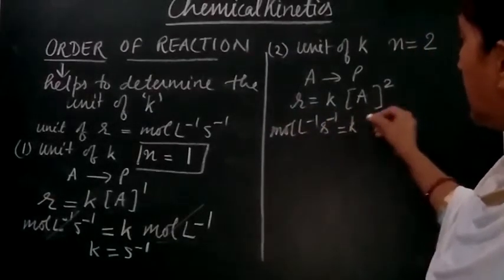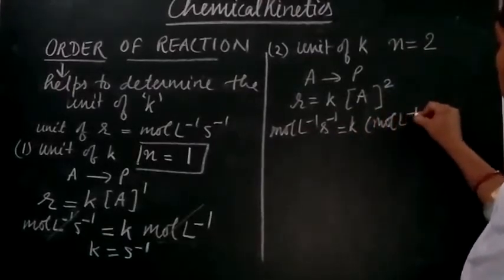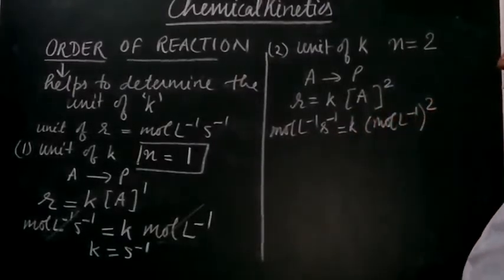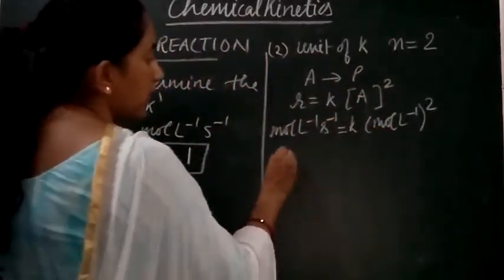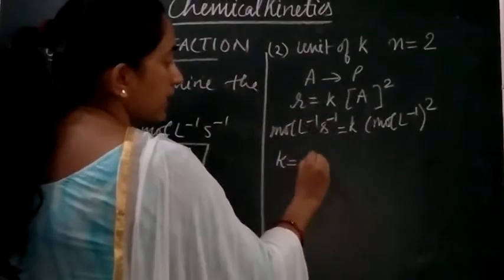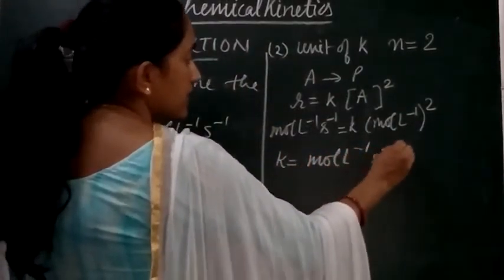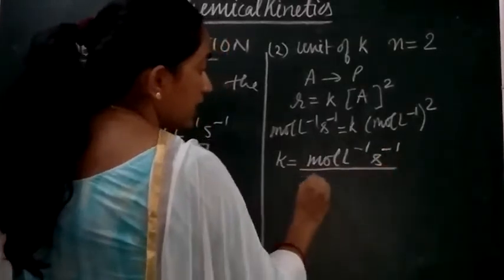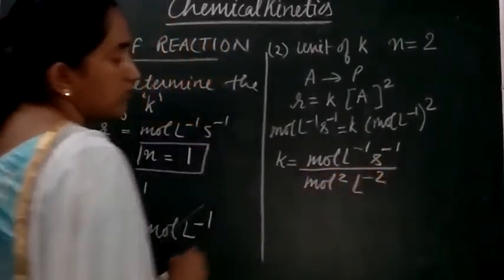This is K, and A is mole per liter square, right students? So here what is going to be the unit of K? It is mole per liter per second upon mole square liter minus 2, right?